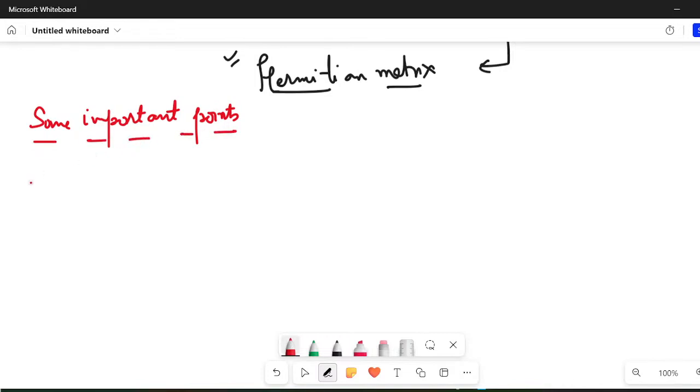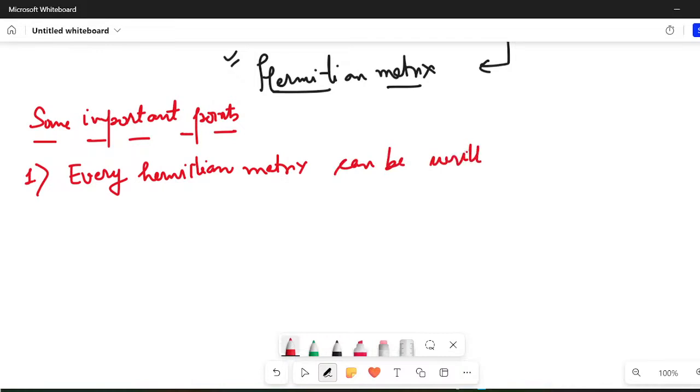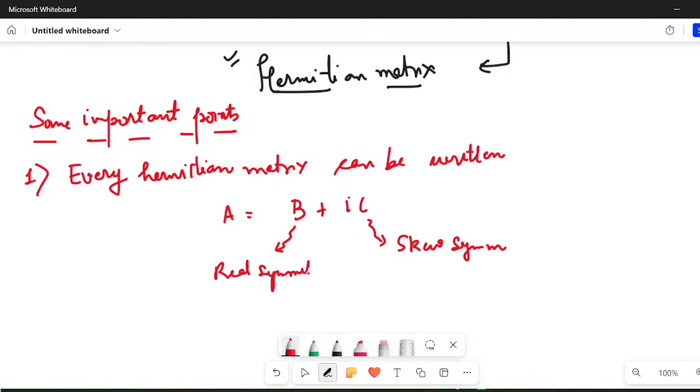Always remember that every Hermitian matrix can be written as a sum of two matrices, B plus iota C, where C is a skew symmetric matrix and B is a symmetric matrix, a real symmetric matrix. Both of them are real because I have introduced my iota here.